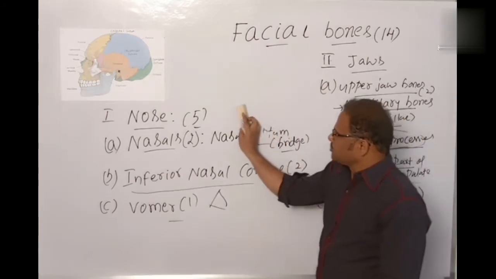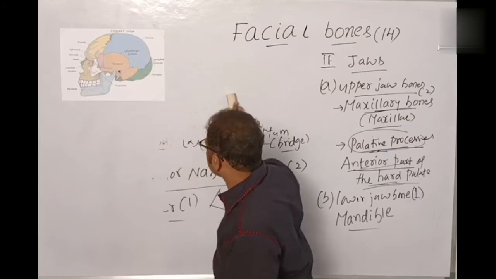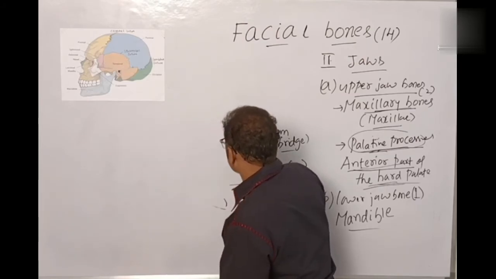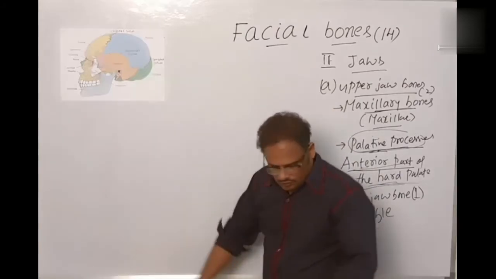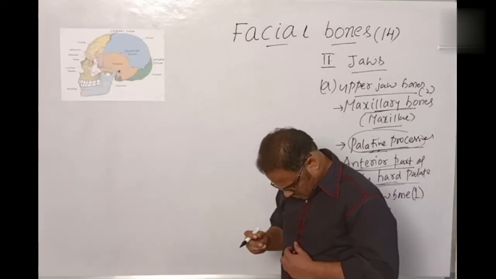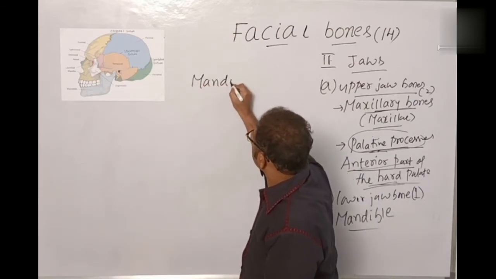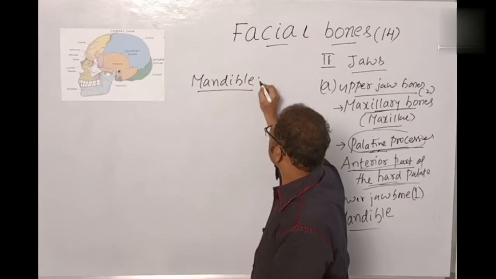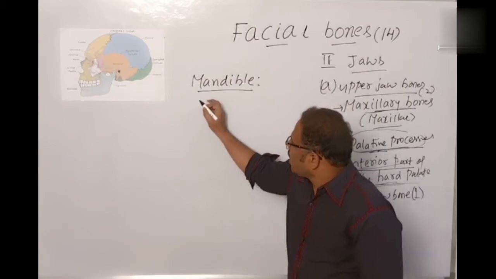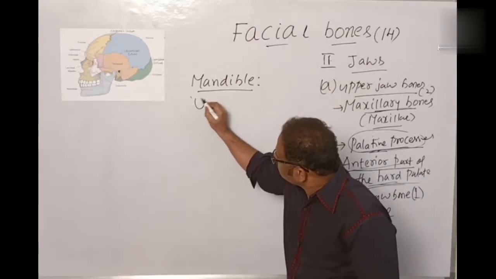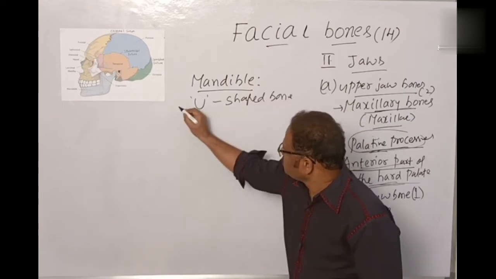I'll explain here, okay? So the mandible is the lower jaw bone and it is a U-shaped bone. The first point is it's a U-shaped bone.